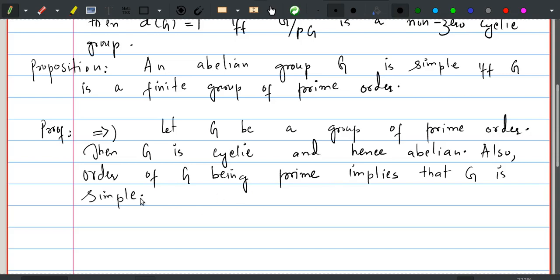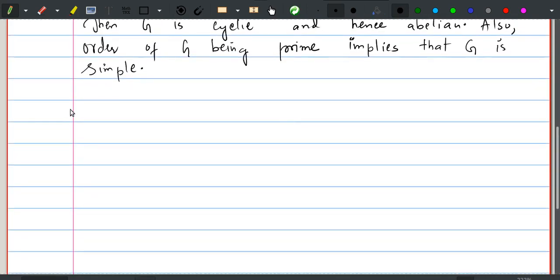So we are done in one way. Now by a simple group we mean a group which has no non-trivial normal subgroups. Now let us prove the other direction.